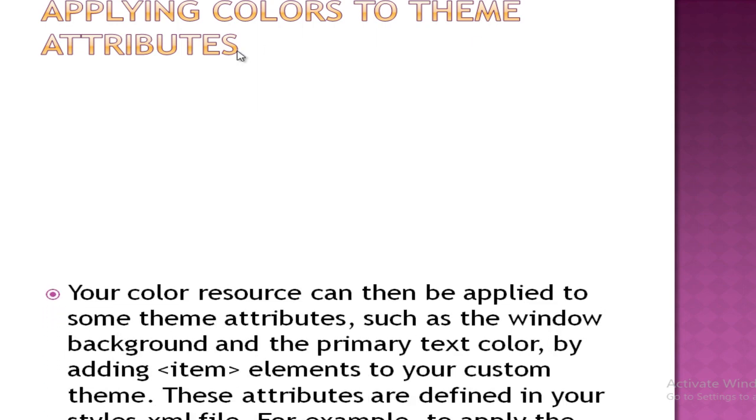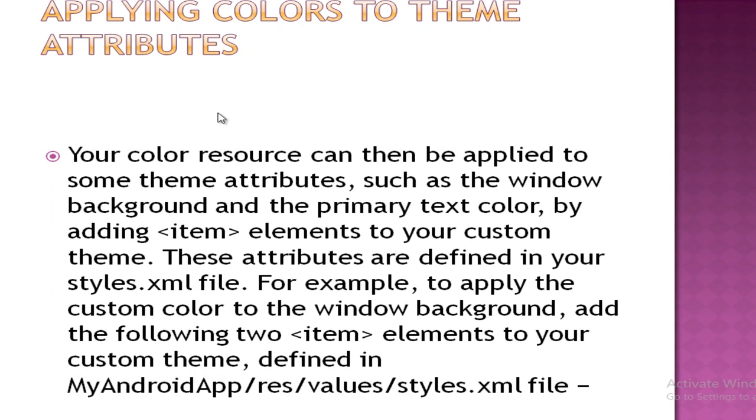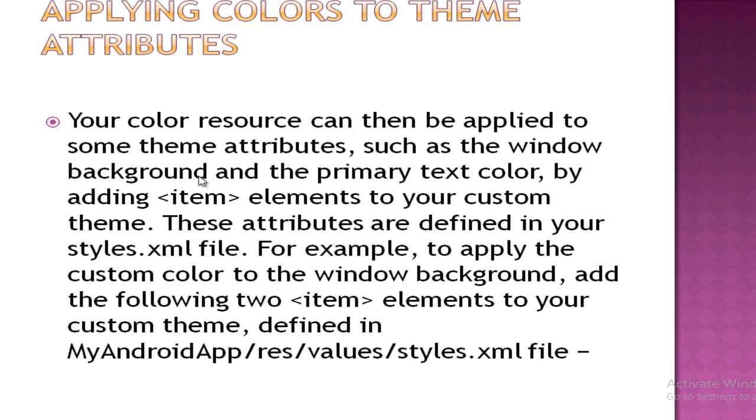Next, applying colors to the theme attributes. So how can we apply colors to the theme attributes? Your color resources can be applied to some attributes we have seen, right? By adding the item element to your custom theme, these attributes are defined in the styles.xml file.